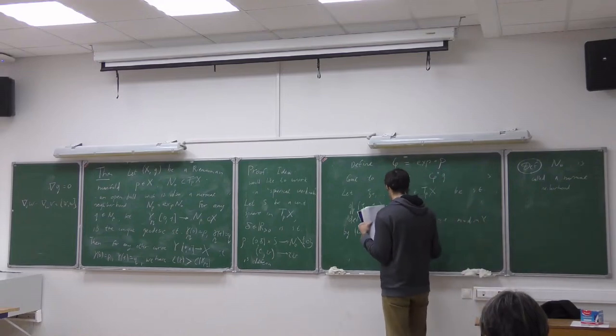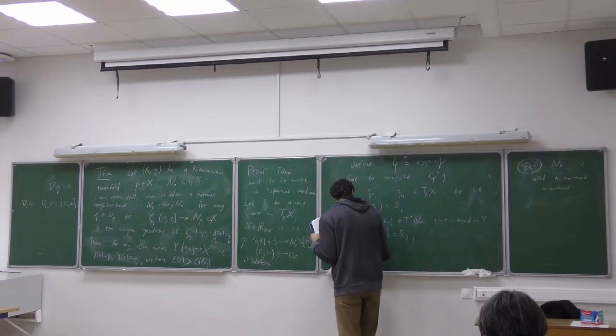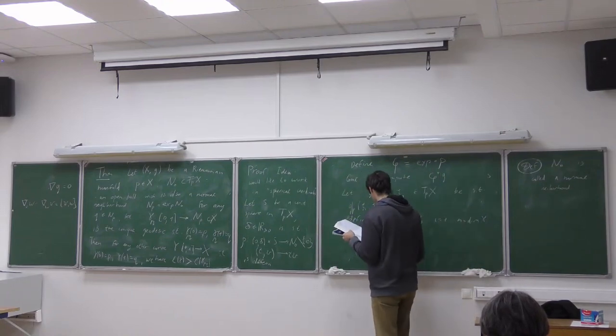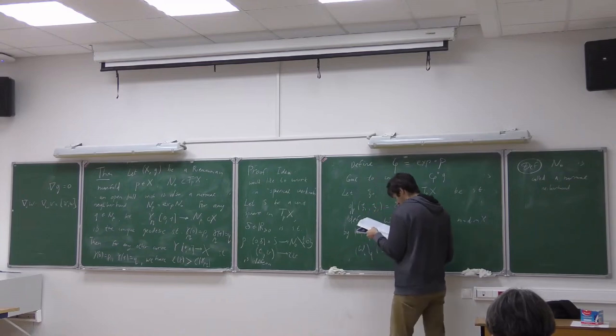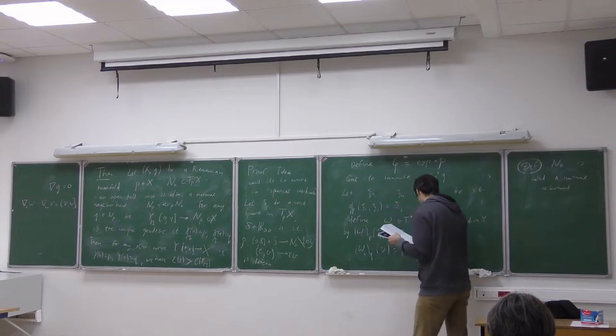On the other hand, this is at P, and then omega_i at some other point Q in n0 of some v is, by definition, omega_i at P of tau^{-1}(v).